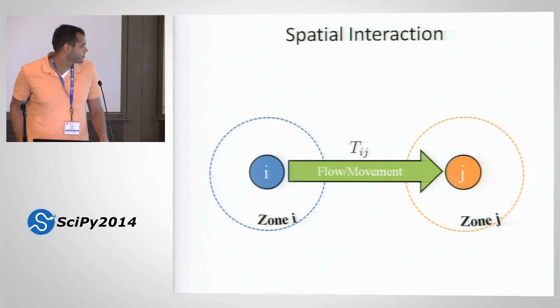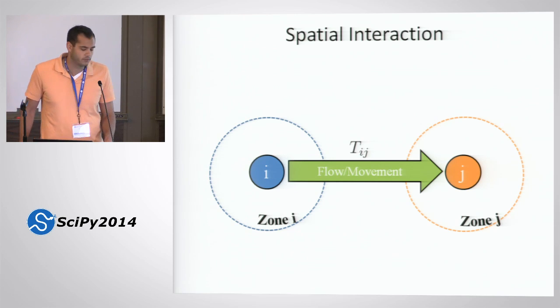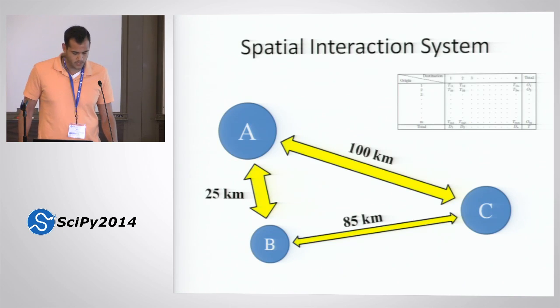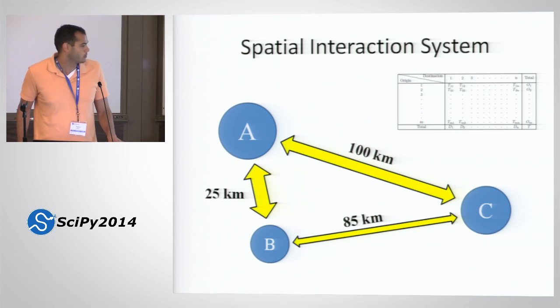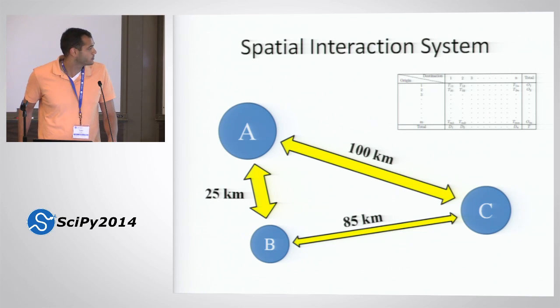So spatial interaction is broadly defined as the flow or movement from an origin to a destination. Those flows can be people, commodities, information. A spatial interaction system consists of more than one origin or destination in which the general relationship is, say, in terms of people, the larger populations between two cities would draw larger flows, whereas the flows will decrease over longer distances.